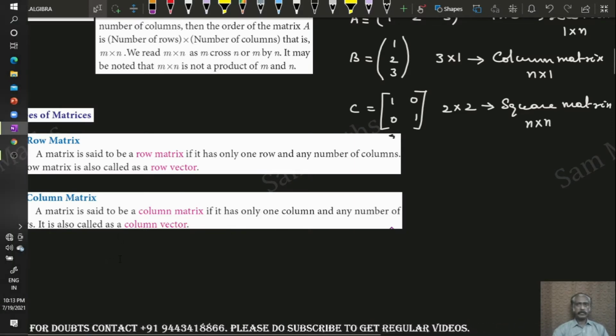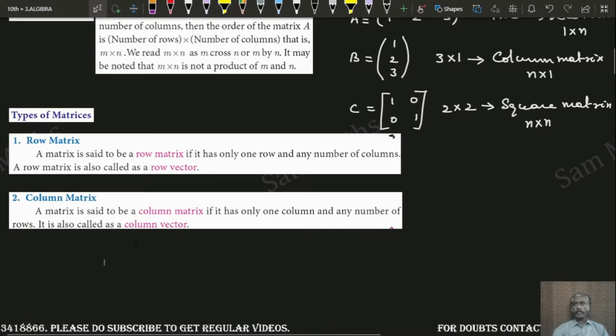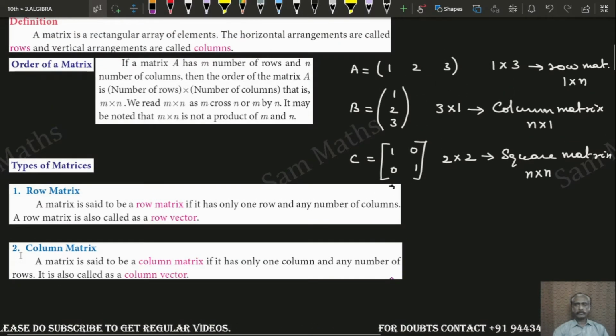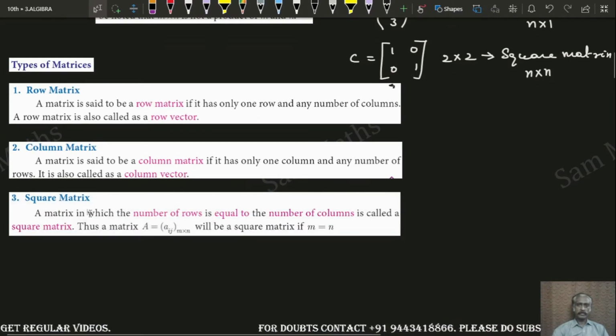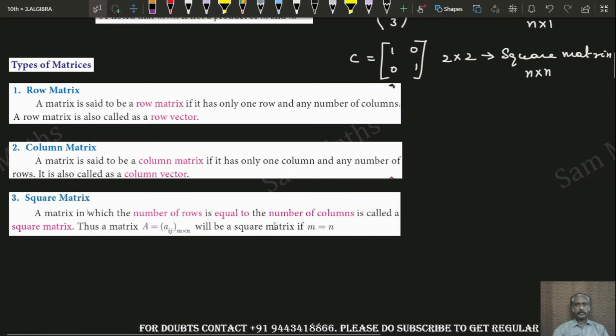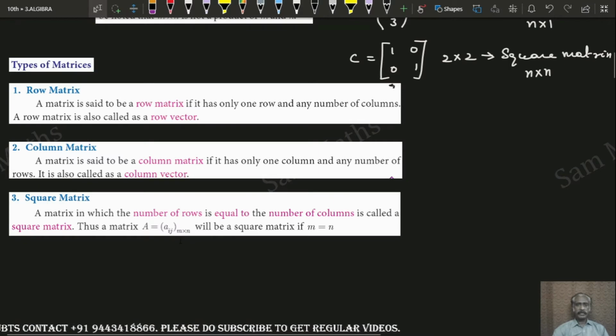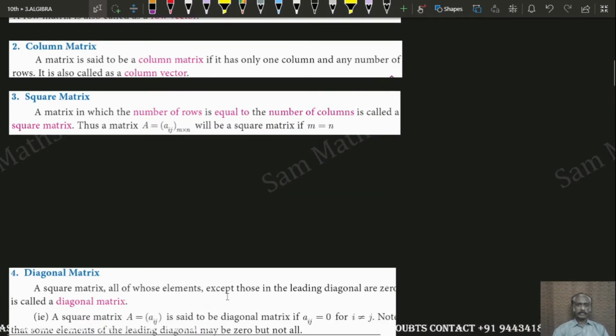It is also called a column vector. Okay, children, already I discussed the examples. Please go through that. Next is square matrix. A matrix in which the number of rows is equal to the number of columns is called a square matrix. Thus, a matrix A = [aij] of order m by n will be a square matrix if m is equal to n.